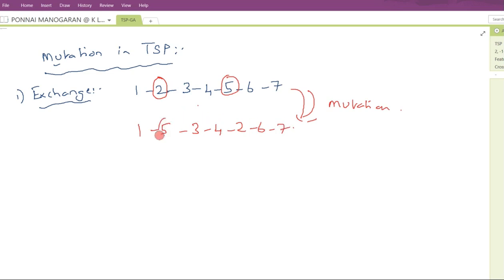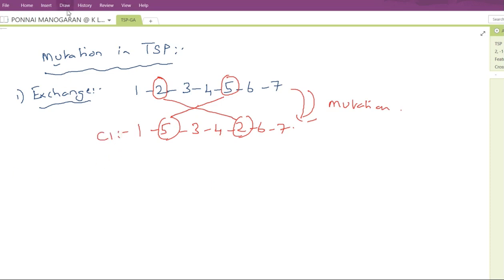That means this 2 gets swapped to this location, and similarly 5 gets changed to this location. This is your child path.